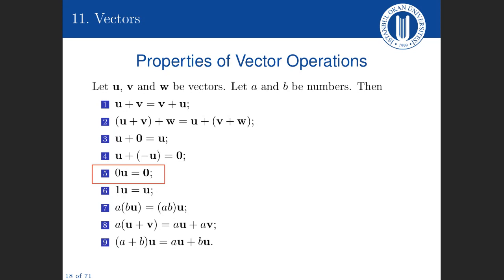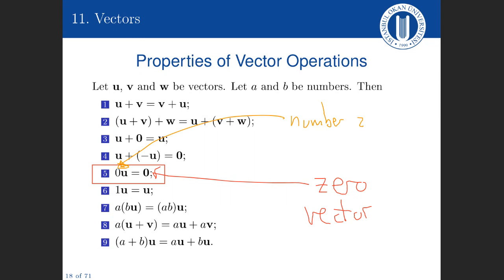For number 5, the 0 on the right, which is written in bold, is the 0 vector. But the number on the left, just here, that's 0, which is not in bold, is just the number 0. This line says the number 0 multiplied by u is equal to the 0 vector.